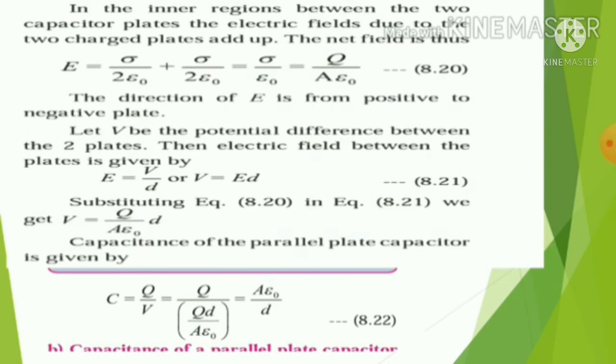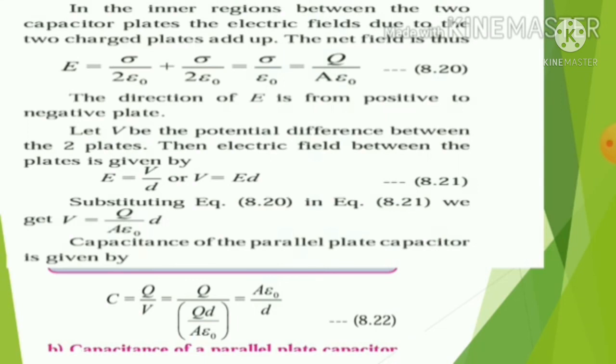This is equation 8.20. The equation for electric intensity inside the capacitor is capital E equal to Q upon A epsilon 0.